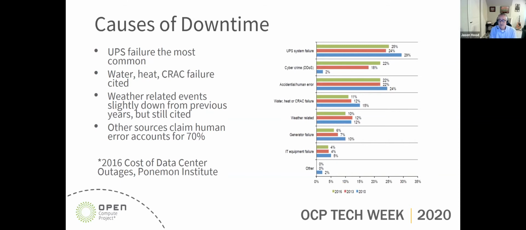If you look at the 2016 study from the Ponemon Institute, you can see a variety of different causes of downtime. In relation to this paper, what we'll talk more about is the weather related. Even from 2016, you don't see a high percentage of downtime caused from weather related events. It is small, but it does happen. But this is the part that we're going to deal with today.